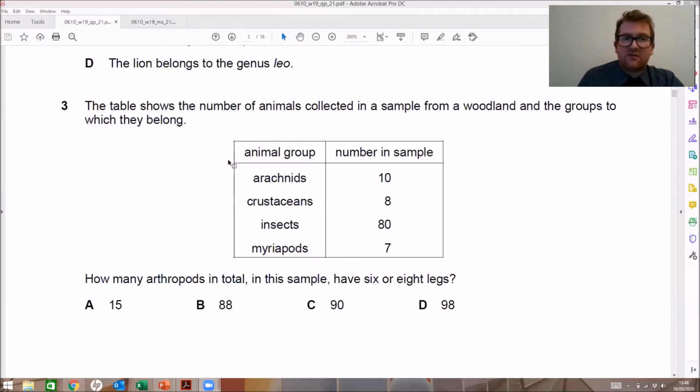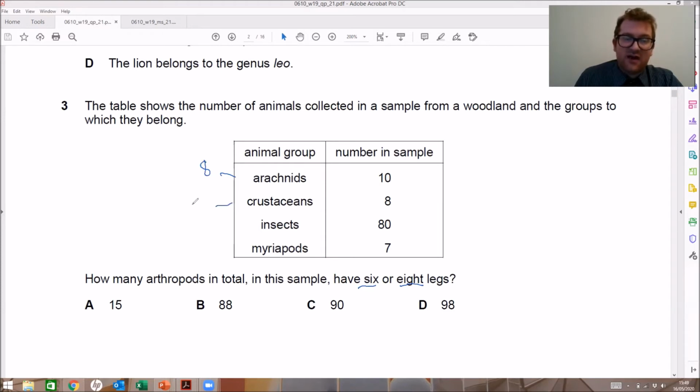Okay, so question 3. The table shows the number of animals collected in a sample from a woodland and the groups they belong to. So here we have arachnids, crustaceans, insects, and myriapods. It asks how many arthropods have 6 or 8 legs. If you remember from our classification, arachnids have a total of 8 legs or 4 pairs.